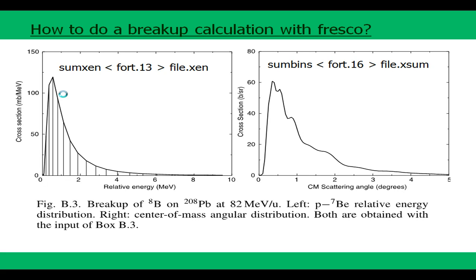What you produce really is a cross-section per bin. But you might want to sum up all the bins to construct an angular distribution, right? If you want to do that, you sum bins, you put all your cross-sections in, that's the Fort.16 file in Fresco, and it produces a summed file that has an angular distribution in the center of mass of the boron 8.